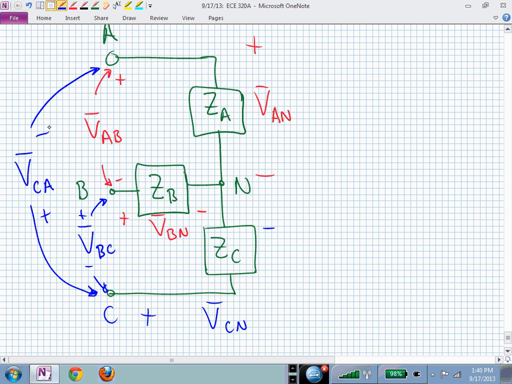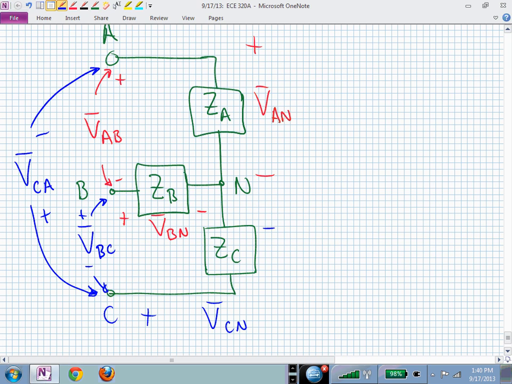My positive terminal or my positive probe would be at the C, and the negative would be at A. That's now the complete parameterization of my Y-connected load.